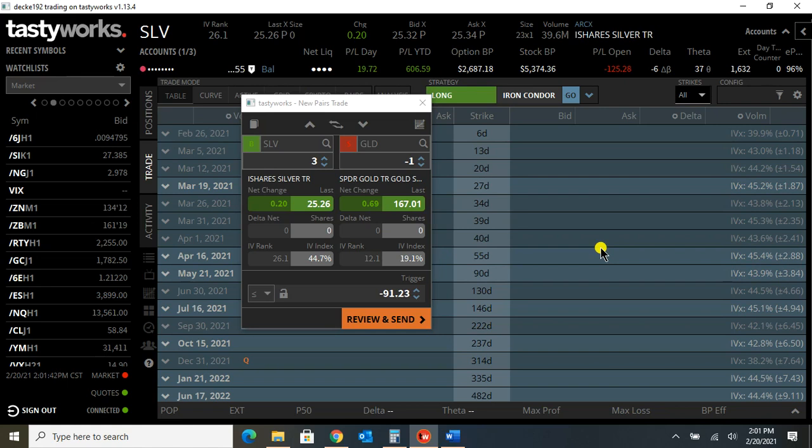So if you wanted to get long, say, Home Depot, but you didn't want to just flat out get long, you could hedge that position and get short Lowe's, so that it lowers the volatility of your portfolio and gives you a smoother profit and loss.